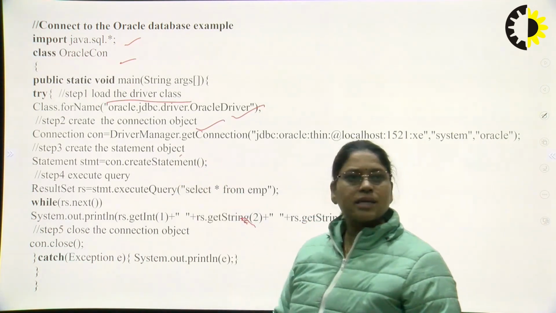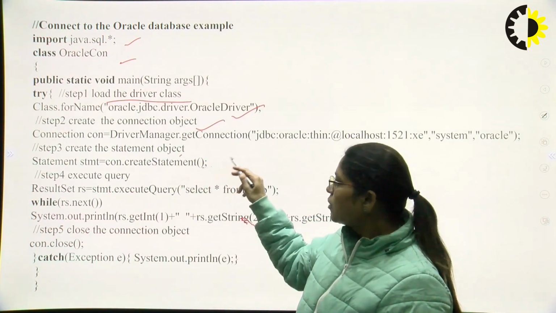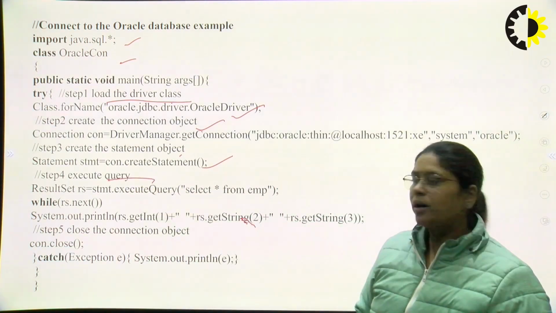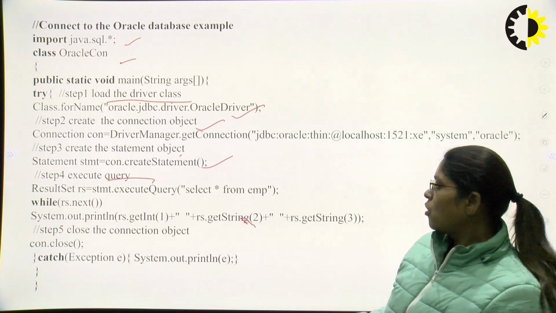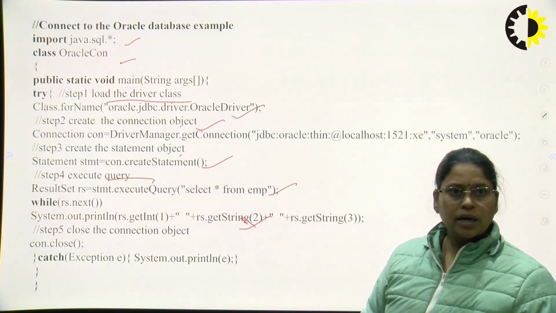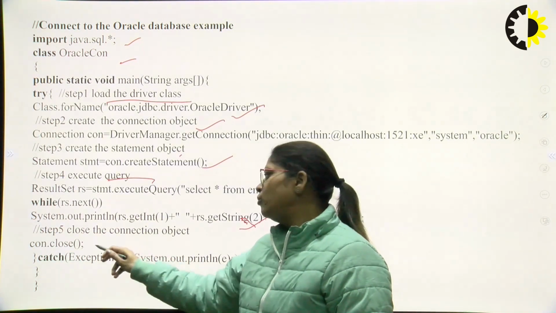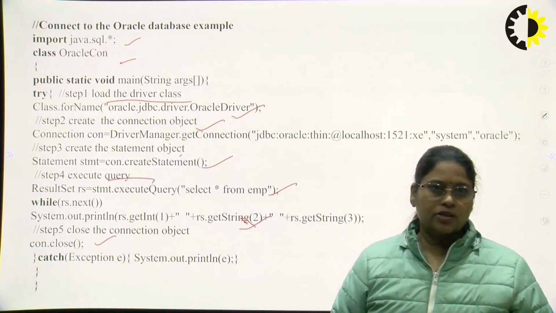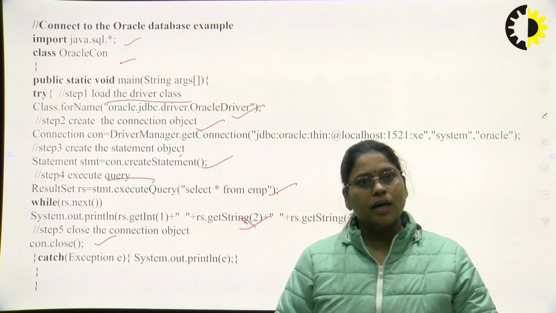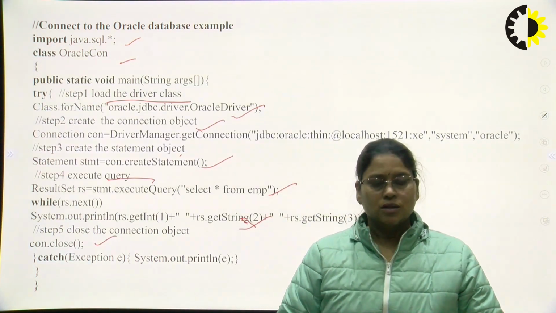In the third step, we create the statement object. After that, we execute the query with the ResultSet object, then perform the operations on the database, and finally we close the connection. So these are the steps for how we can create the connection with the database. Thank you so much.